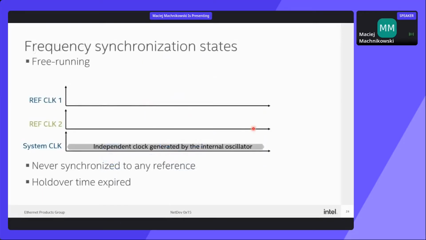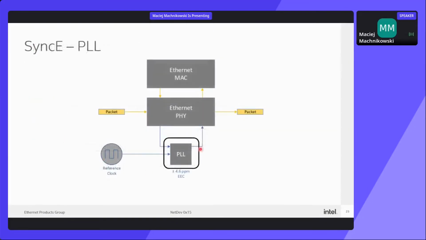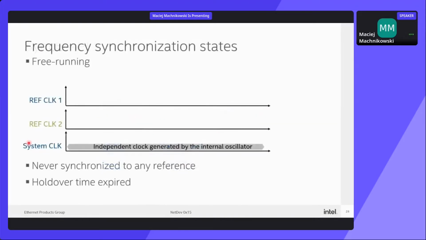Okay, so the next important thing in SyncE is that the DPLL itself can have different states. When it starts, it will start as a free running clock. So the system clock that is generated by the DPLL, which is the one that is going back to the PHY or to the whole package, will run independently.